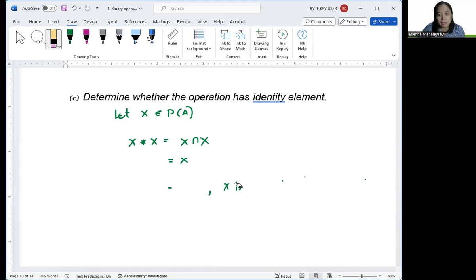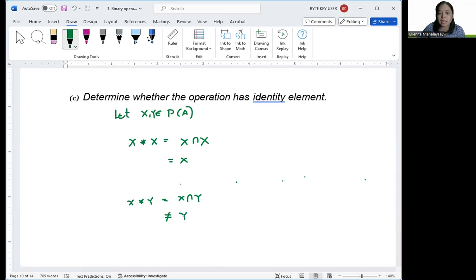But if we consider x, y in the power set of A, and we consider x to be the identity element, then x star y is equal to x intersection y, which is not always y.